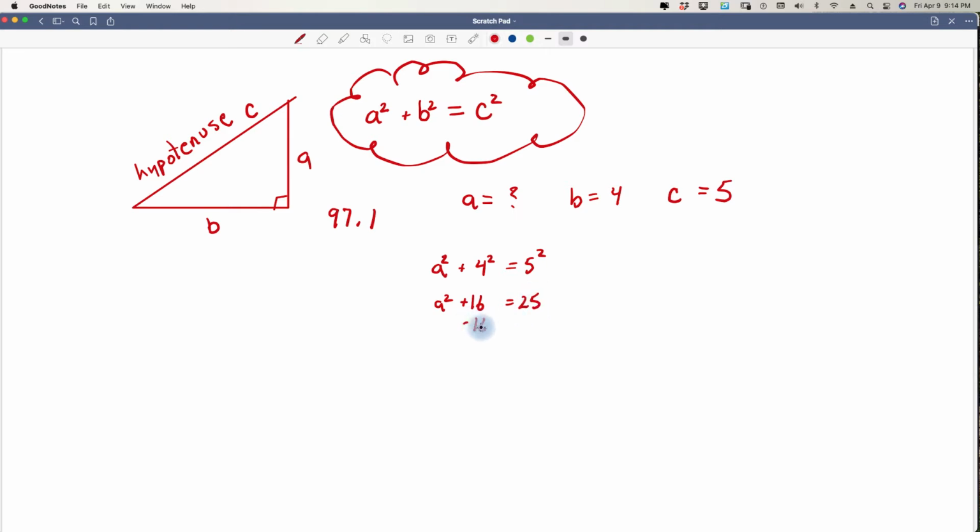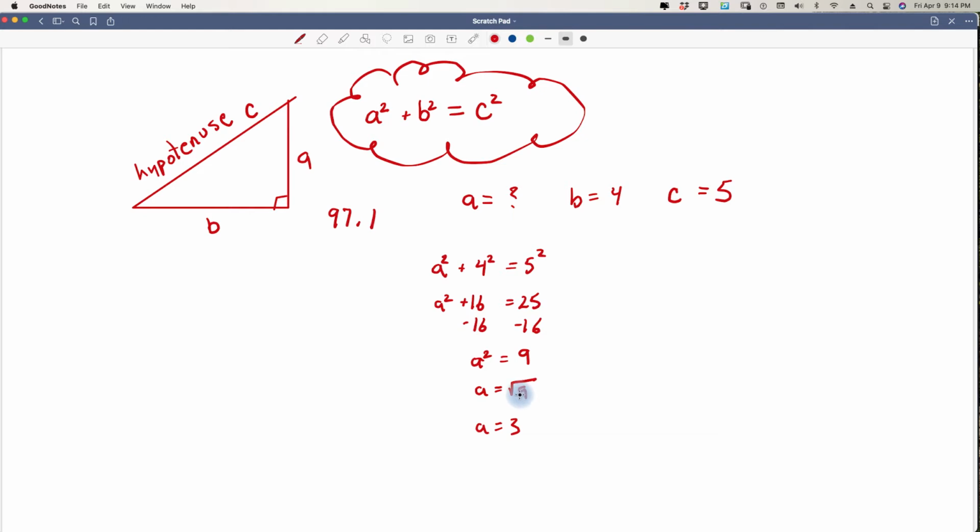We treat it just like any other equation. We solve it the same way. We subtract 16 from both sides, and that leaves A squared equals 9. So how do we unsquare A? We take the square root of this number. So A equals the square root of 9, and we know the square root of 9 is 3. So the length of A is 3. And we know in this instance that it's not going to be a negative number because distance, length, is never negative.